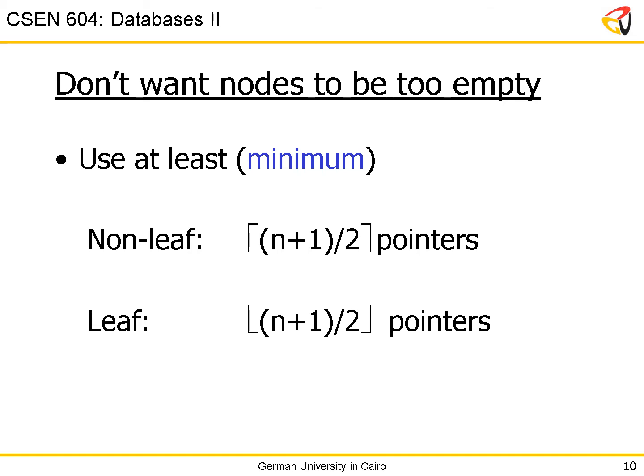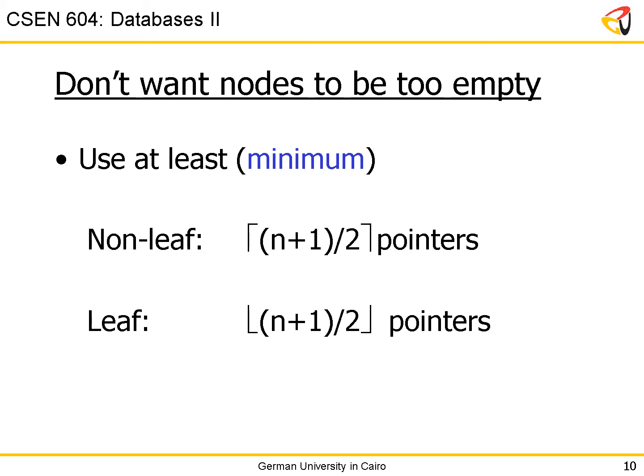Now, the way it's done in B+ trees is we're going to set this rule. We're going to say that the minimum for the non-leaf level is going to be n, which is the number of keys, plus 1 divided by 2, ceiled up. The minimum at the leaf level is going to be n plus 1 divided by 2, floored. Now, I will show you some examples with numbers, but let's just look at this and try to figure out what this is going after.